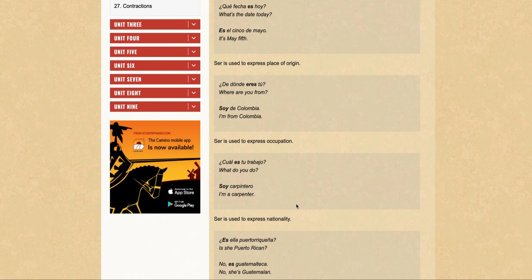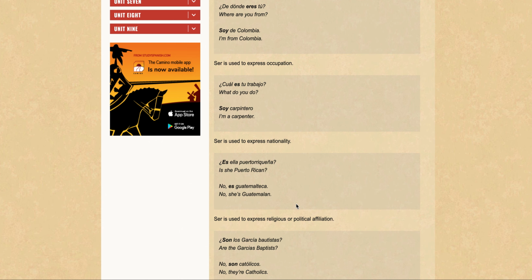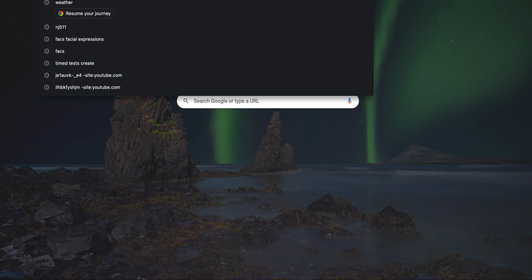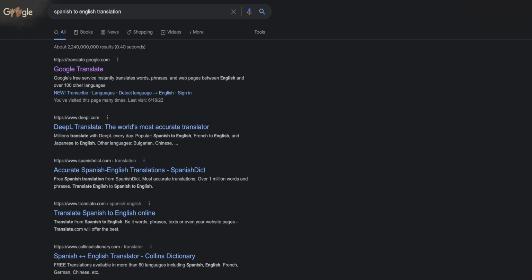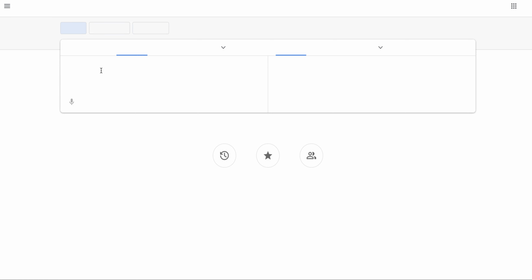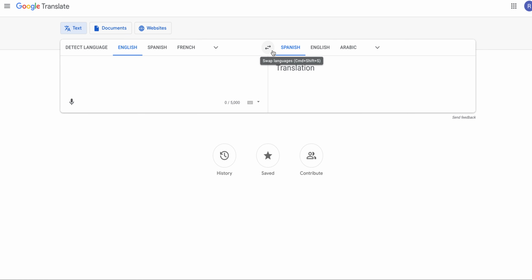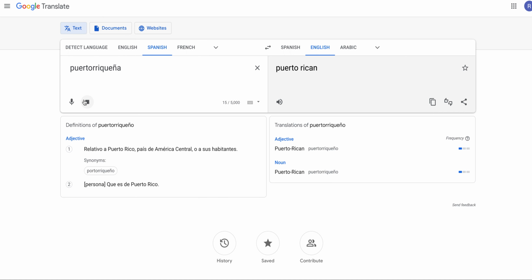Different examples. So it's also used to express nationality. So ¿es ella Puerto Ricana? Let's make sure we're pronouncing correctly. So searching for Spanish to English translation, pasting. Puertorriqueña.